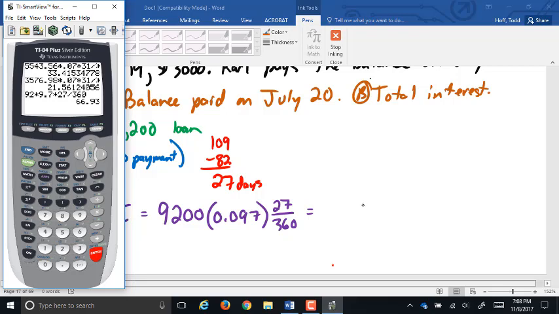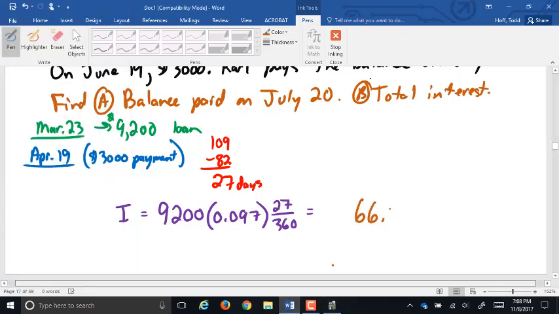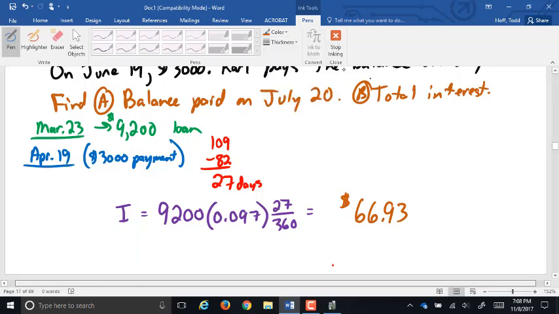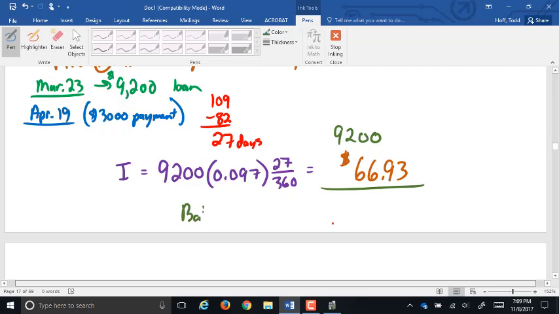All right, $66.93 in interest. Yes, perfect. So now I'm going to take that amount, add it to my 9,200 previous balance to get my balance before the payment. $9,266.93.